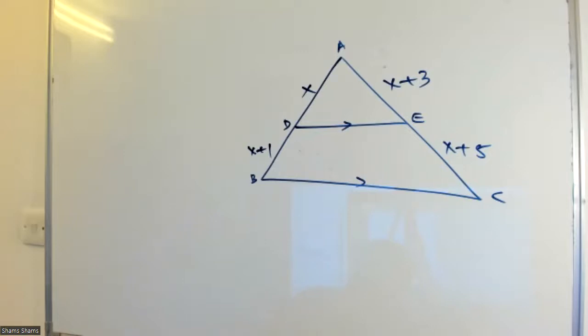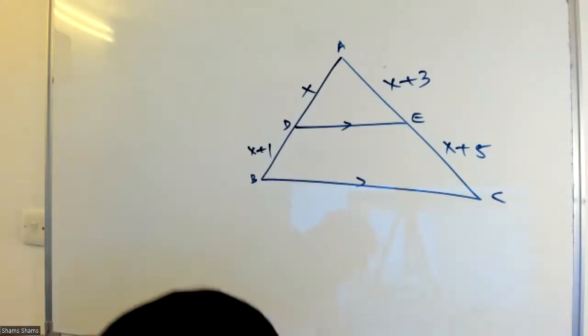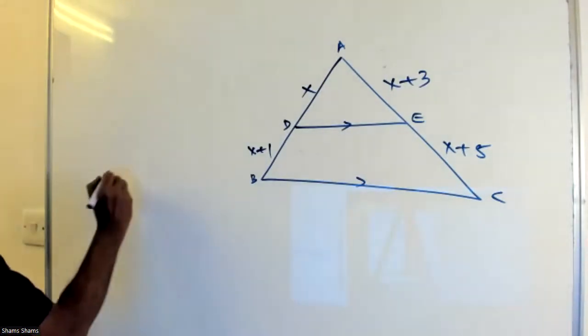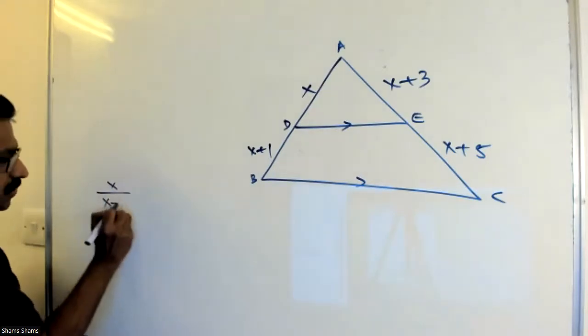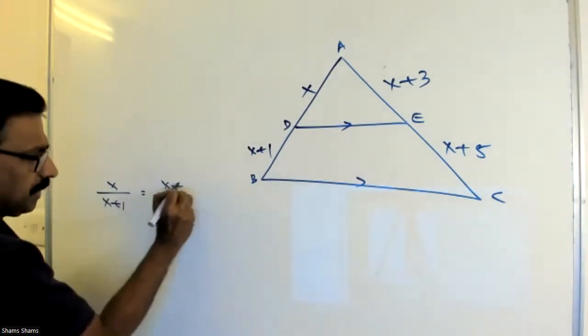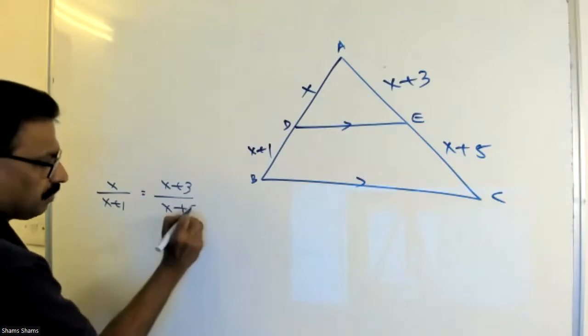x by x plus 1 equal to, okay, x square plus 3x. Why do you want to do like this? x square plus 4x plus... how 1 into 3, how come 1? Karishma? See, x by x plus 1 equal to x plus 3 divided by x plus 5.